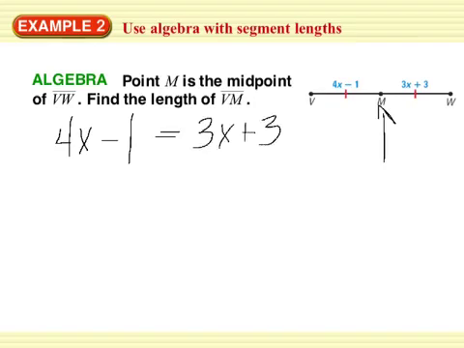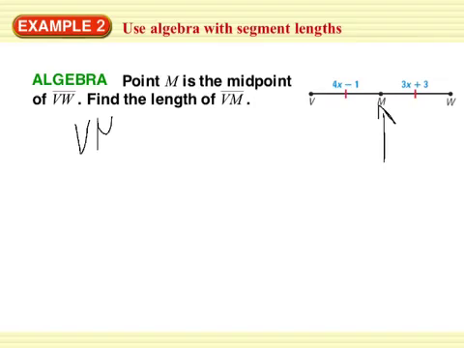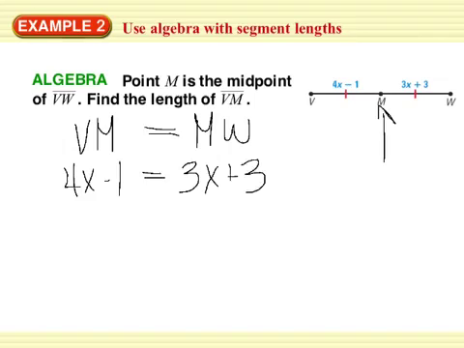If M is the midpoint, that means VM is equal to MW. And then we can substitute: 4x minus 1 is equal to 3x plus 3. Then use some algebra to solve your equation. Add 1 to both sides, I get 4.